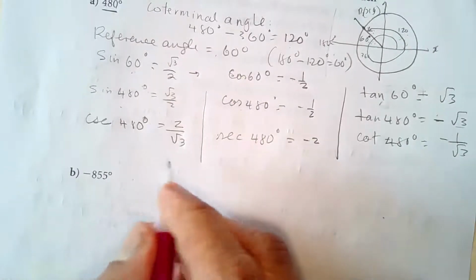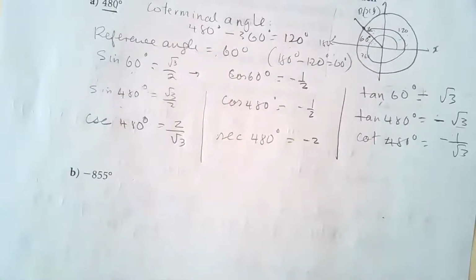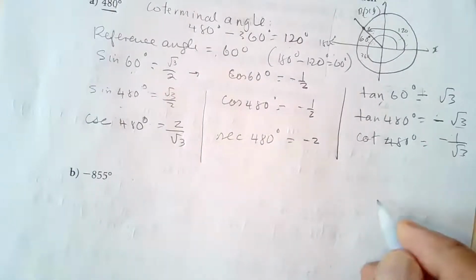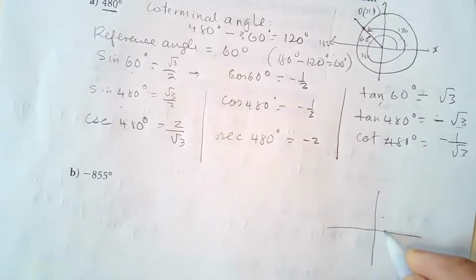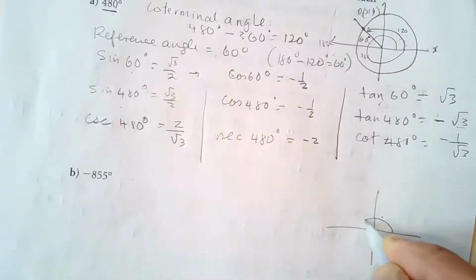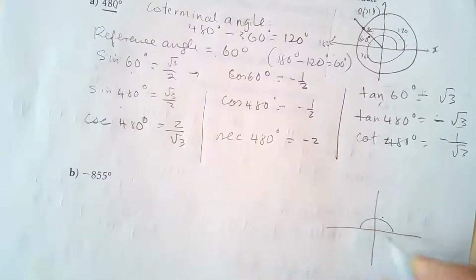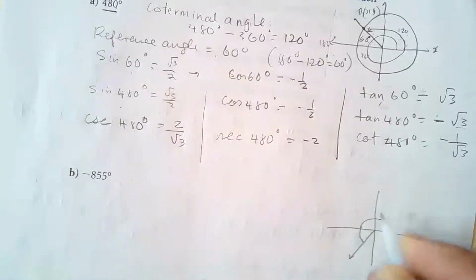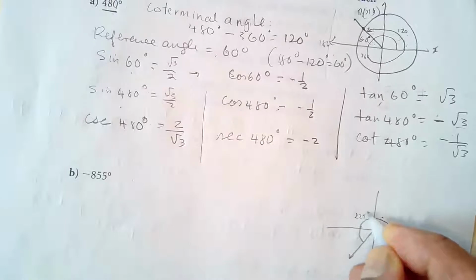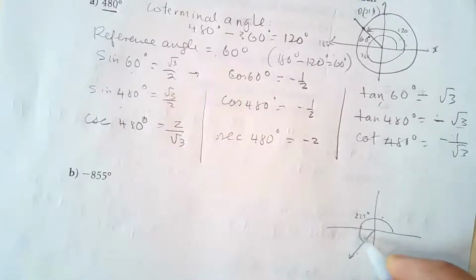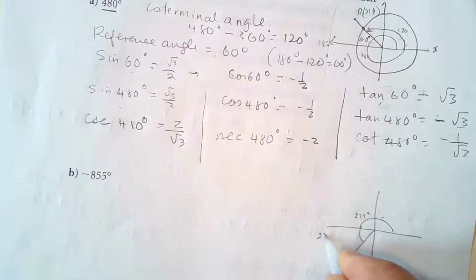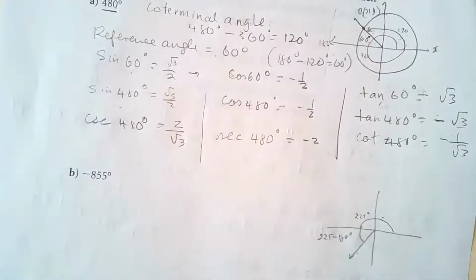We have the coterminal is 225 degrees. 225 will be approximately here. So the reference angle here would be 225 minus 180 degrees, which will give us 45 degrees.